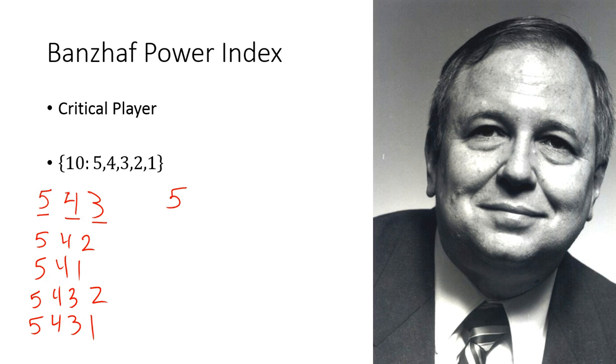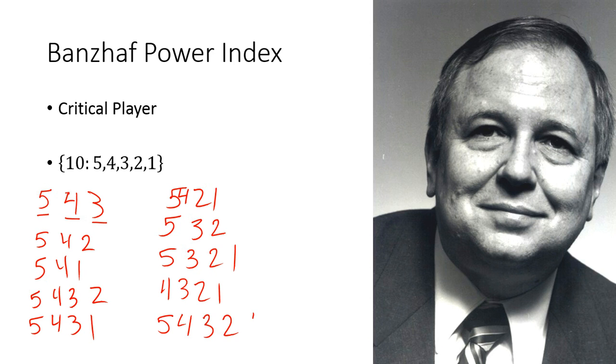We've got 5, 4, 2, 1, 5, 3, 2, 5, 3, 2, 1, 5, 3, 2, 1, 4, 3, 2, 1, and everyone 5, 4, 3, 2, 1. So those are all our winning coalitions that we have.